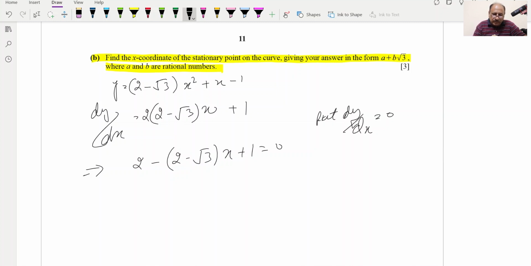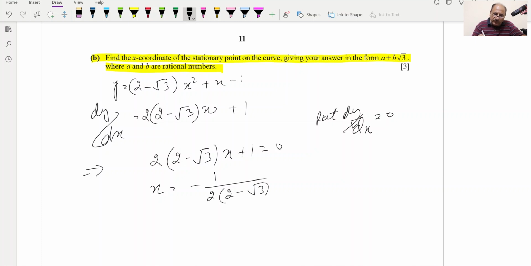So this implies what? We can shift it, 2(2 - √3)x is equal to, basically this minus is extra, so this will be over here. So now we can shift this one, so x is equal to minus 1 over 2 into (2 - √3).